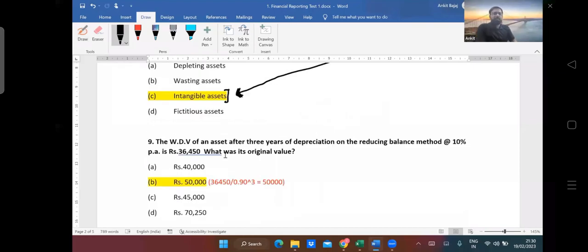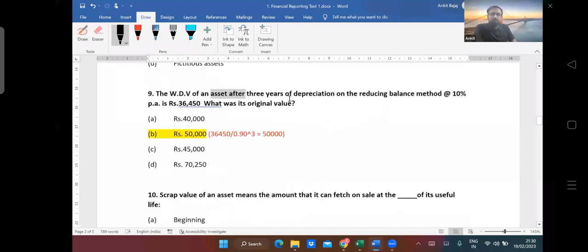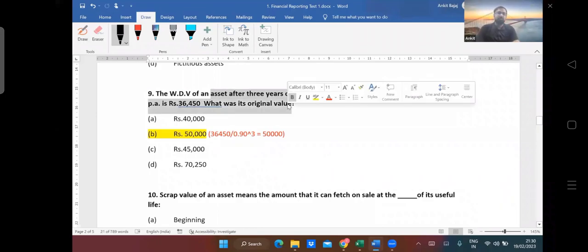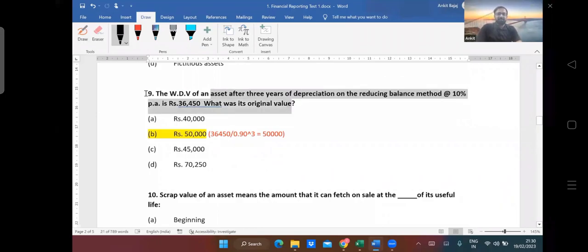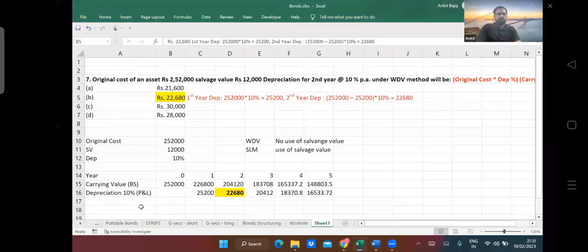Now, if I talk about question number 9: the WDV of an asset after 3 years of depreciation on the reducing balance method at the rate of 10% is 36,450. What is the original value? This question we have to do in Excel. I know most of you have faced problems in this question, so I will do this in Excel so you get clarity about it.